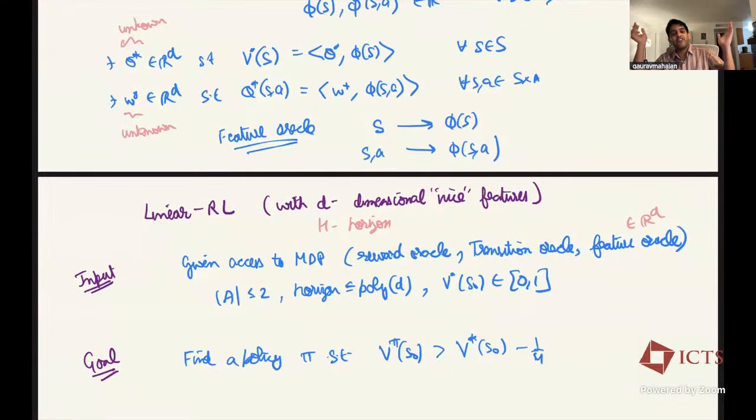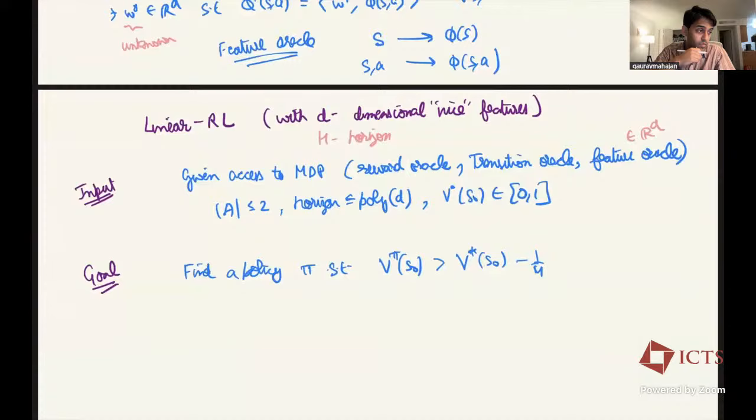So if it's 0, you can return 0. But if it's 1, then you should return at least 3/4. Okay, so this is the linear RL problem.